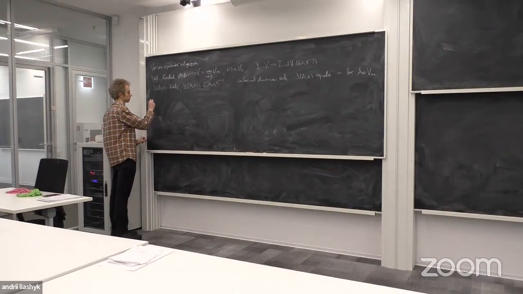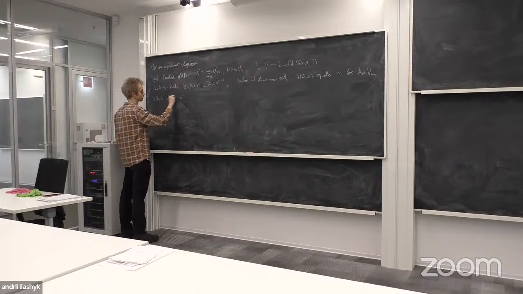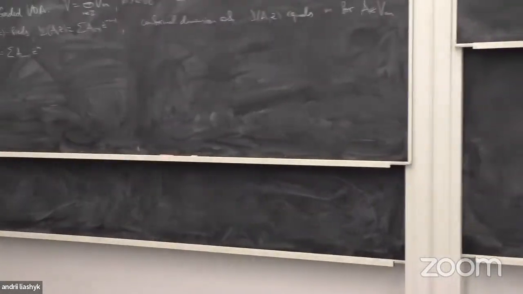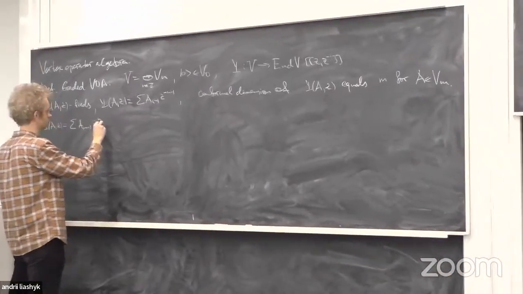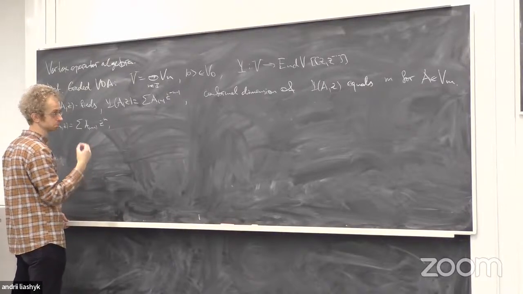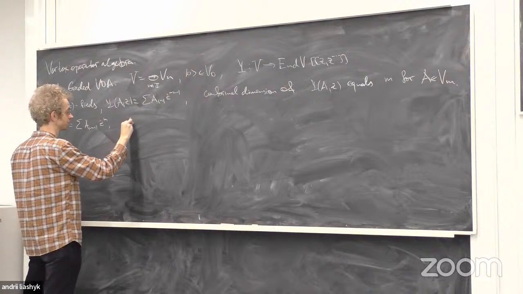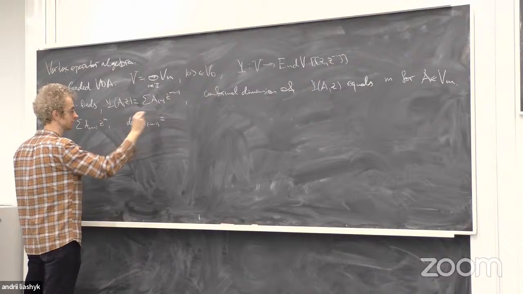We can write Y(a, z) as the sum of z^n a_(-n-1). I just rewrote the definition. Then the condition on the conformal dimension means that the degree of a_(-n-1) is equal to what?